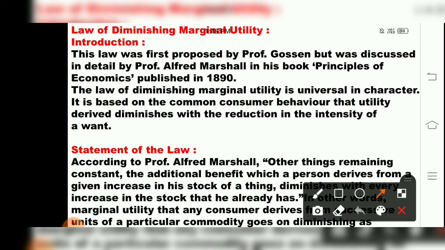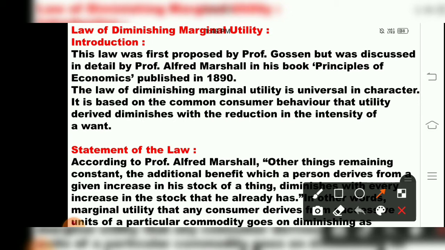But it was discussed in Professor Alfred Marshall's book, Principles of Economics, in the year 1890. And in this law of DMU, it has been told about the consumer's behavior, with utility which diminishes with the reduction in the intensity of a want. So this is the law of DMU introduction.